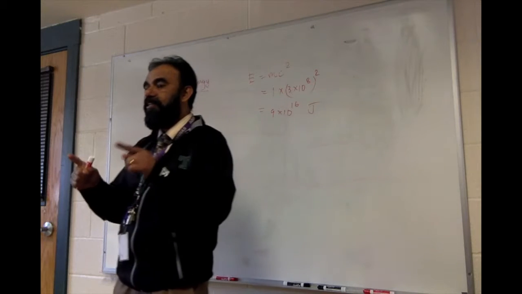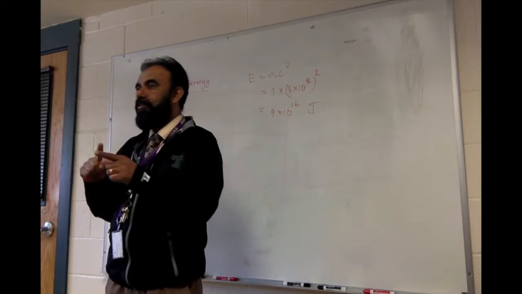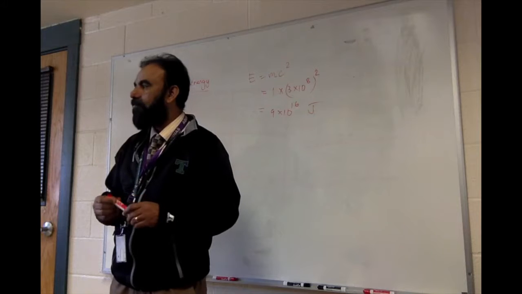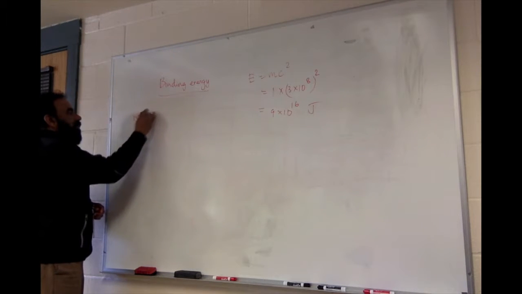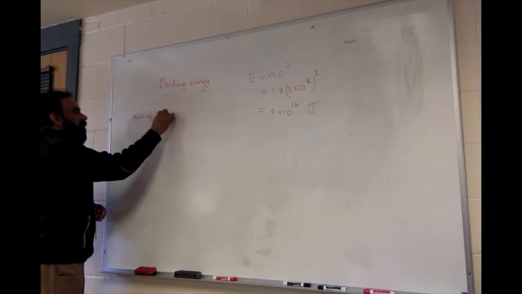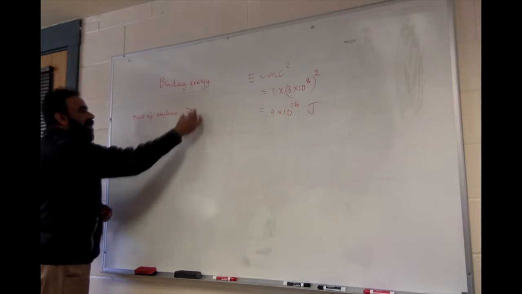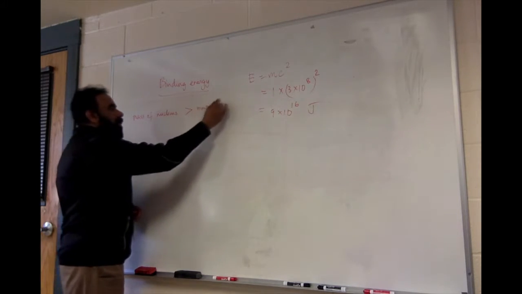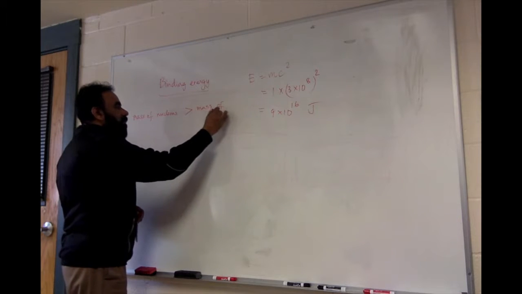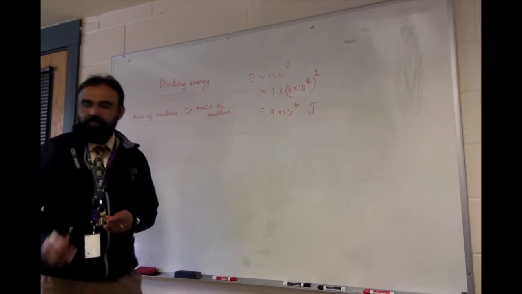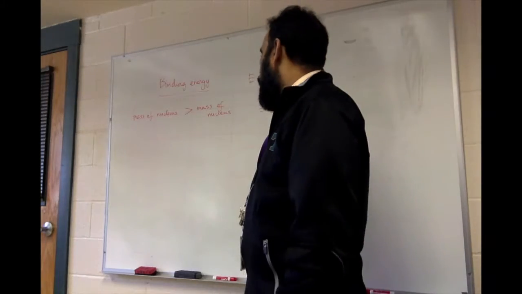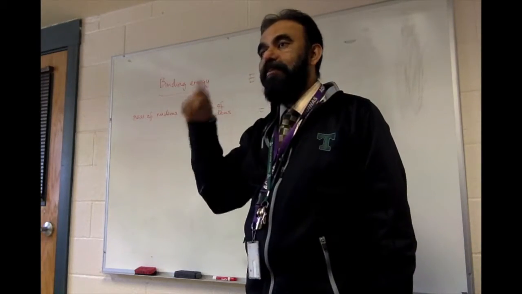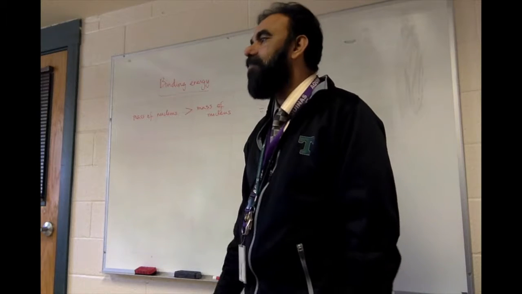It is the energy that is due to the little mass differences. In other words, mass of nucleons is greater than mass of nucleus. Try to understand that statement. Mass of nucleons is greater than the mass of the nucleus itself.